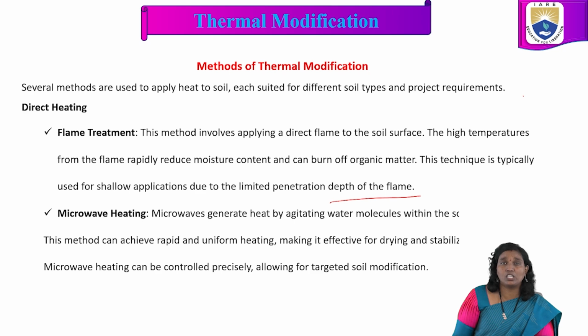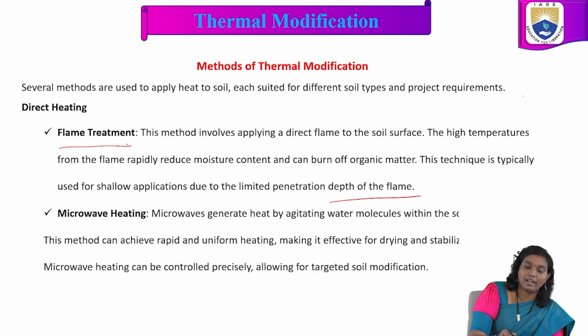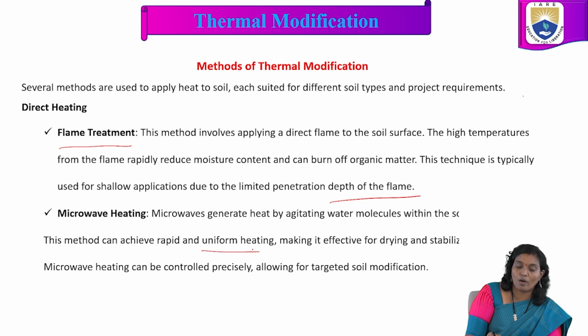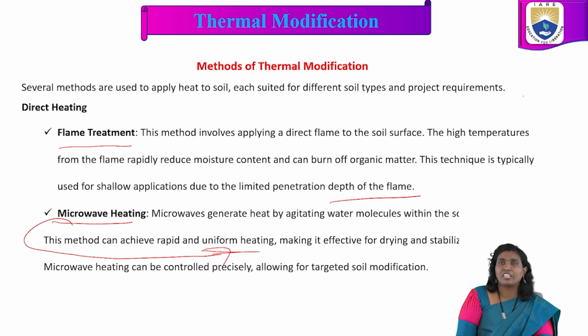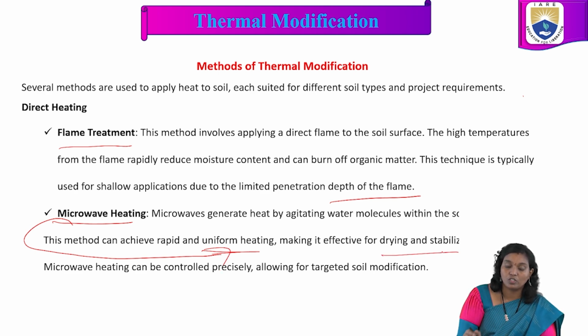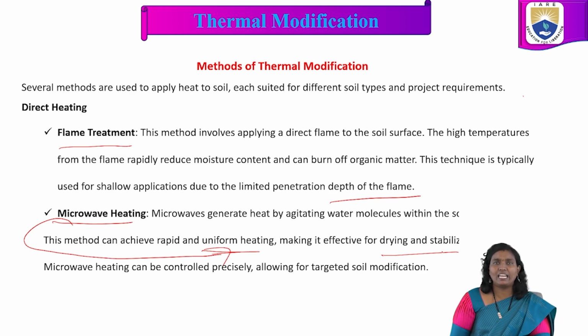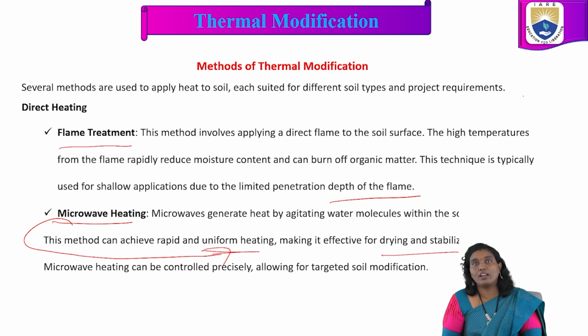This method can achieve rapid and uniform heating. In flame treatment, we do not get uniform heating. In microwave heating, we can maintain uniform heating, making it effective for drying and stabilizing the soil. Microwave heating can be controlled precisely, allowing for targeted soil modification.